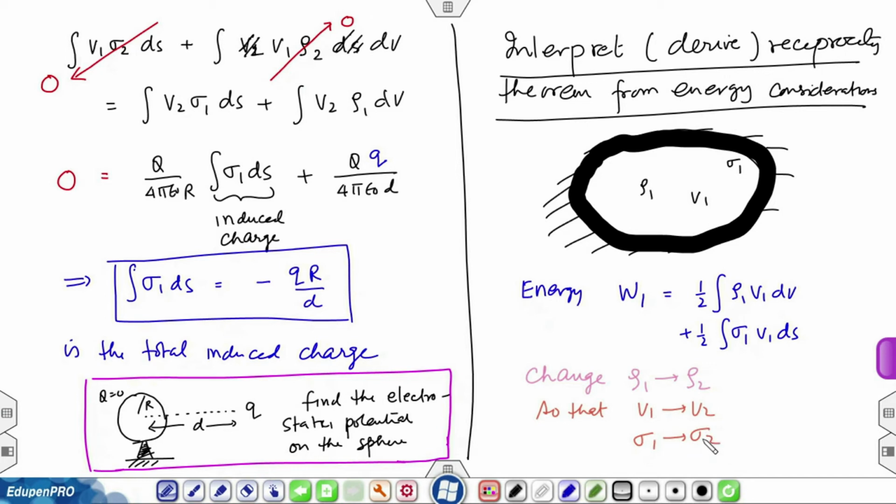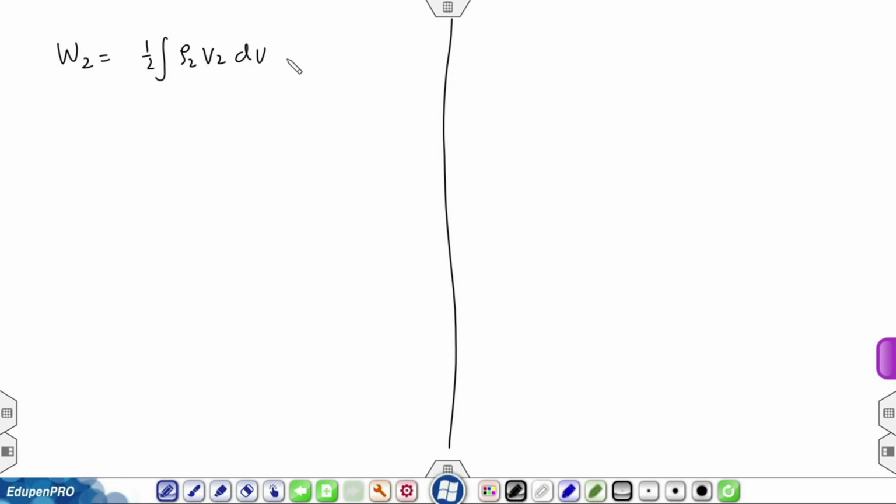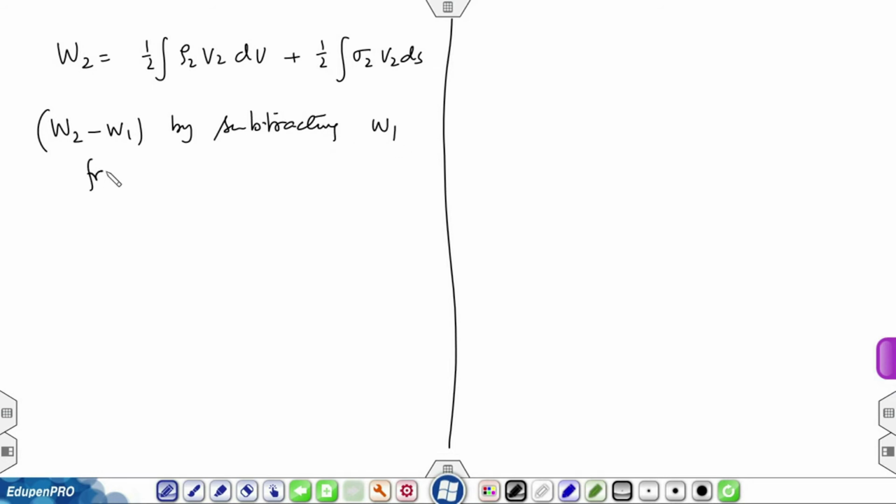If I do that, then the new energy W2 is going to be equal to integration 1/2 rho2 V2 dV plus 1/2 integration sigma2 V2 ds. So, I can calculate W2 minus W1 by subtracting W1 from W2 directly in the formula.